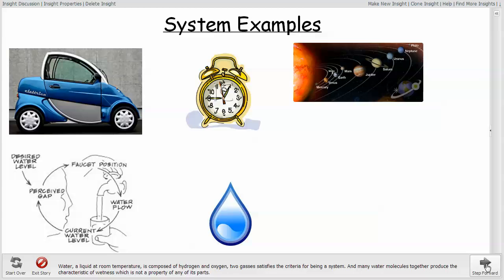If you think about water, water at room temperature is a liquid. It's composed of two elements, hydrogen and oxygen, both of which are gases at room temperature. So you could study hydrogen and oxygen at room temperature intently forever and never experience the property of wetness.